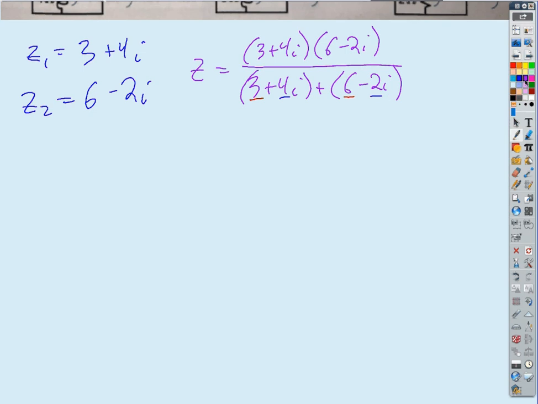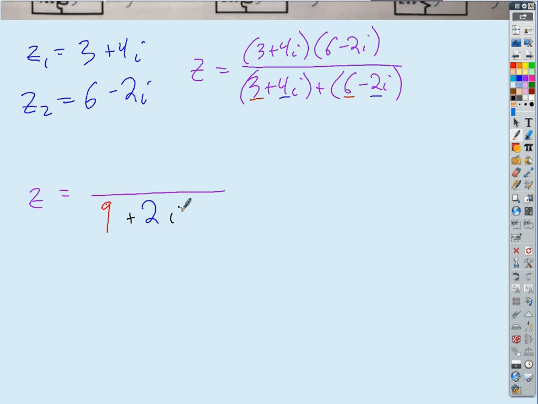And on the bottom of our fraction, what are we going to get? The total real part's going to be 3 plus 6, or sorry, 9. And then 4i plus negative 2i, what's that? Plus 2i, okay, good. So I'm going to get 9 plus 2i on the bottom, right?